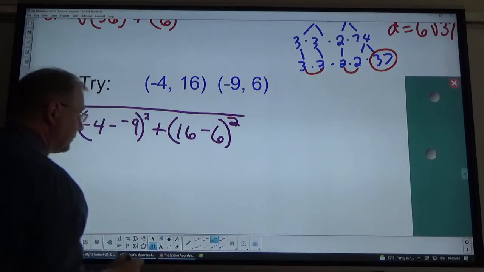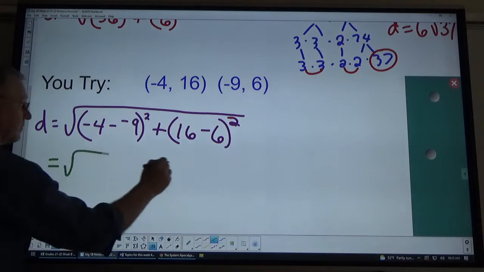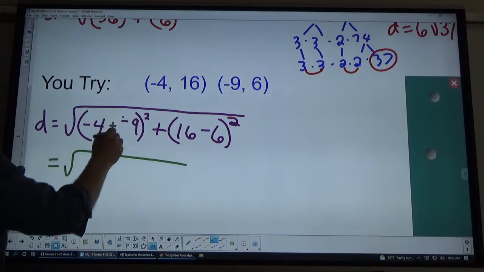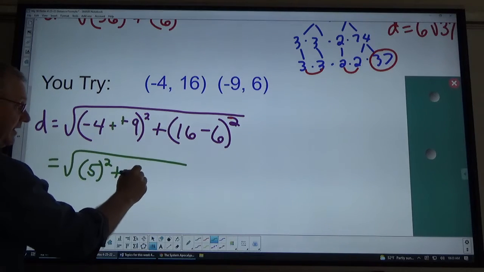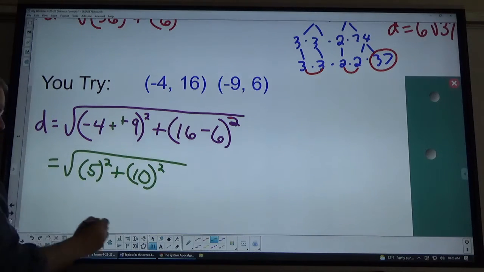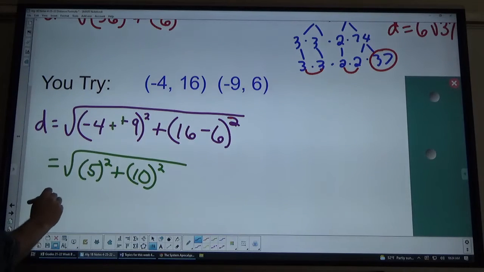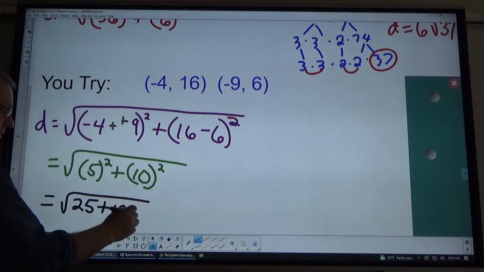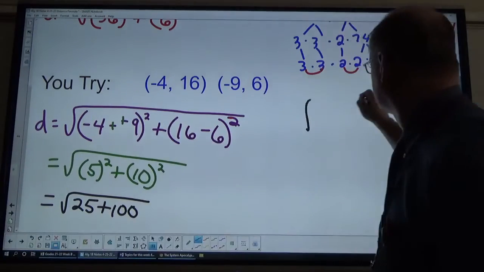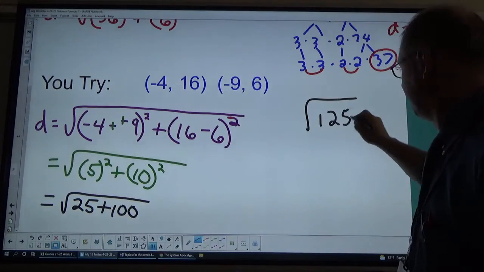Subtracting a negative is plus a positive, that would be 5 squared plus 10 squared, or 25 plus 100, square root of 125.